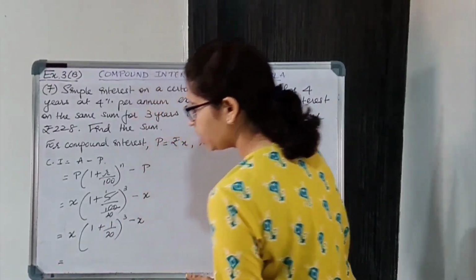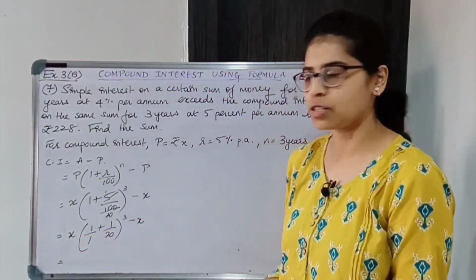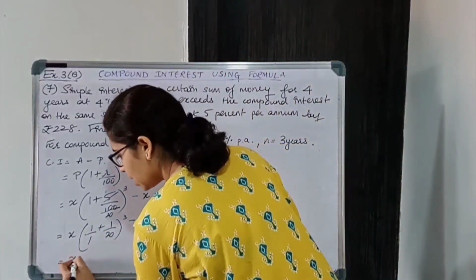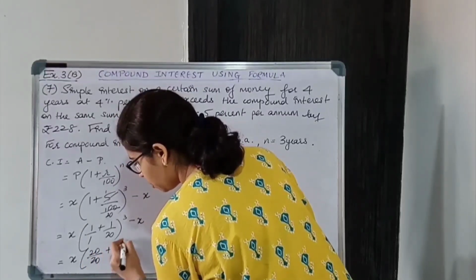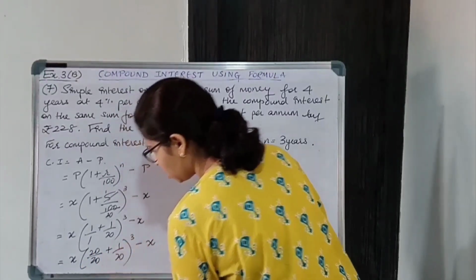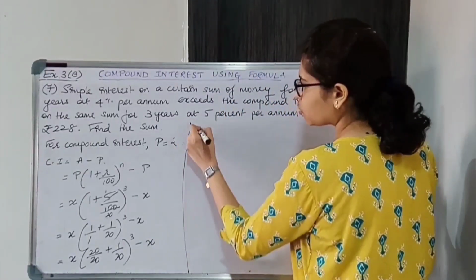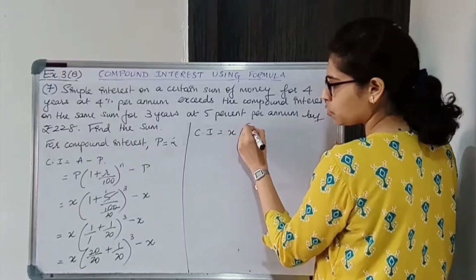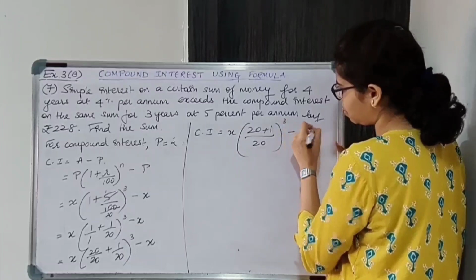So over here let us take LCM, that is we'll equalize the denominator. So multiply by 20 in both numerator and denominator. So we get x into 20 upon 20 plus 1 upon 20 raised to 3 minus x. Okay. So CI is equal to x into 20 plus 1 upon 20 raised to 3 minus x.